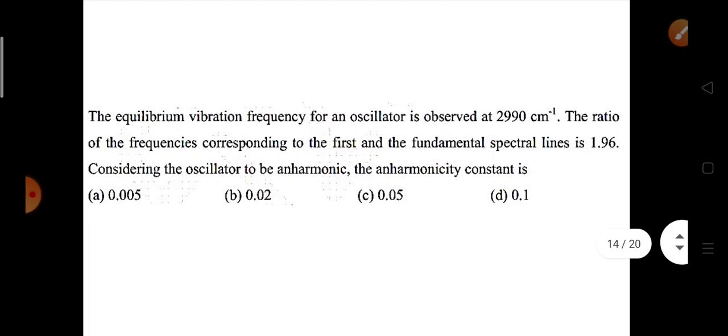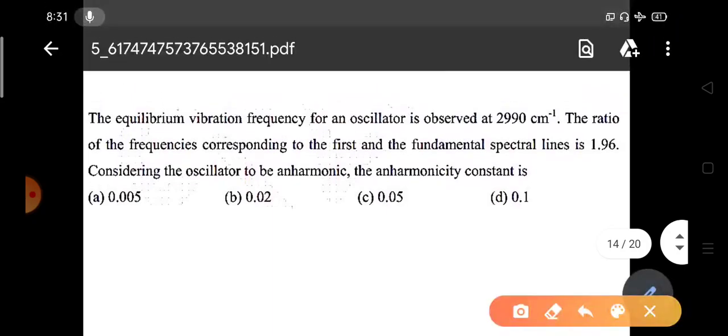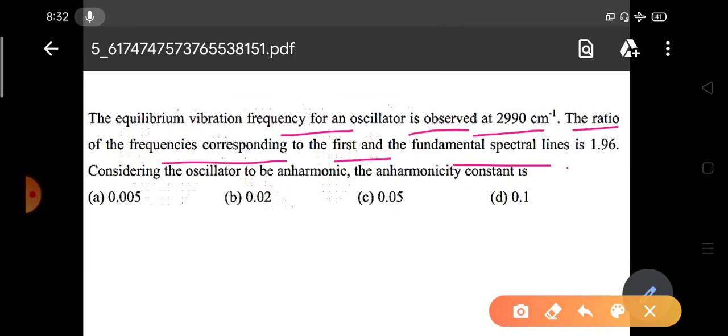Okay. Next question: the equilibrium vibrational frequency for an oscillator is observed at 2990 centimeter inverse. The ratio of the frequencies corresponding to the first overtone and fundamental spectral lines is 1.96. Considering the oscillator to be anharmonic, the anharmonicity constant is?